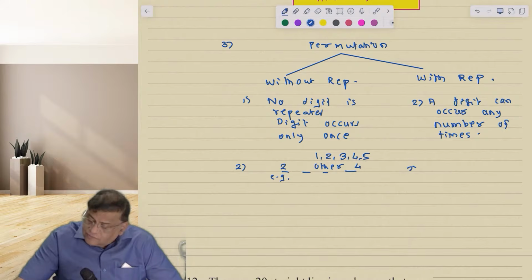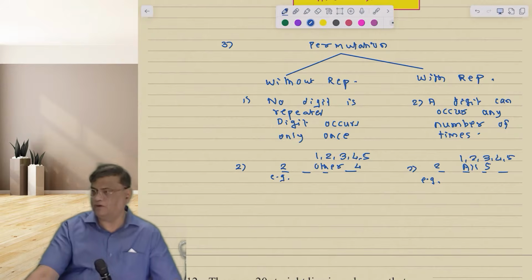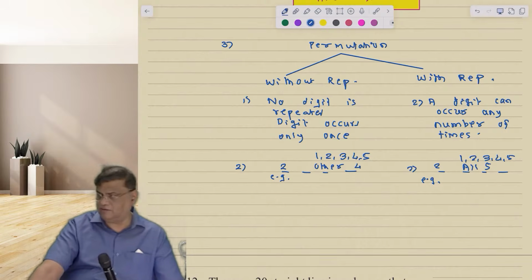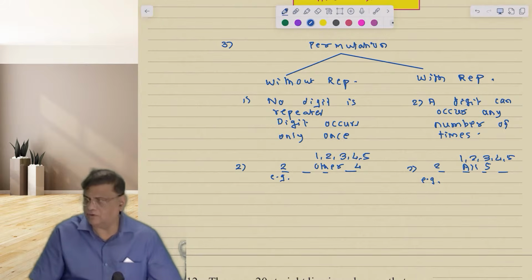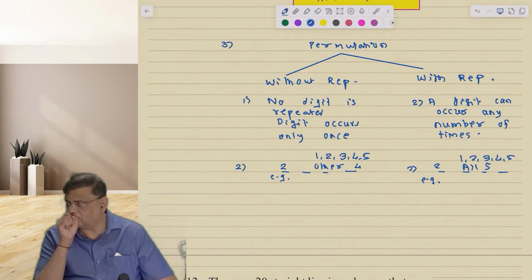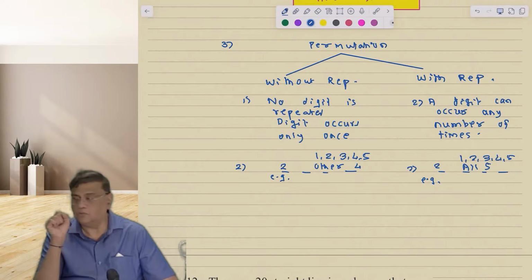Whereas in the other case, with 4 places and digits 1, 2, 3, 4, 5, if 2 occurs here, all 5 will still be available here. ये basic difference है दोनों के बीच में. Is that clear?